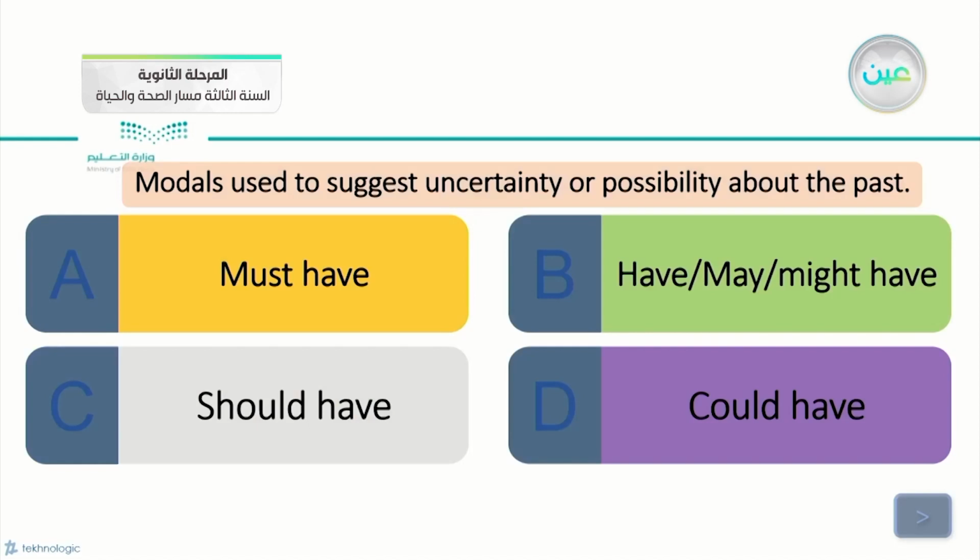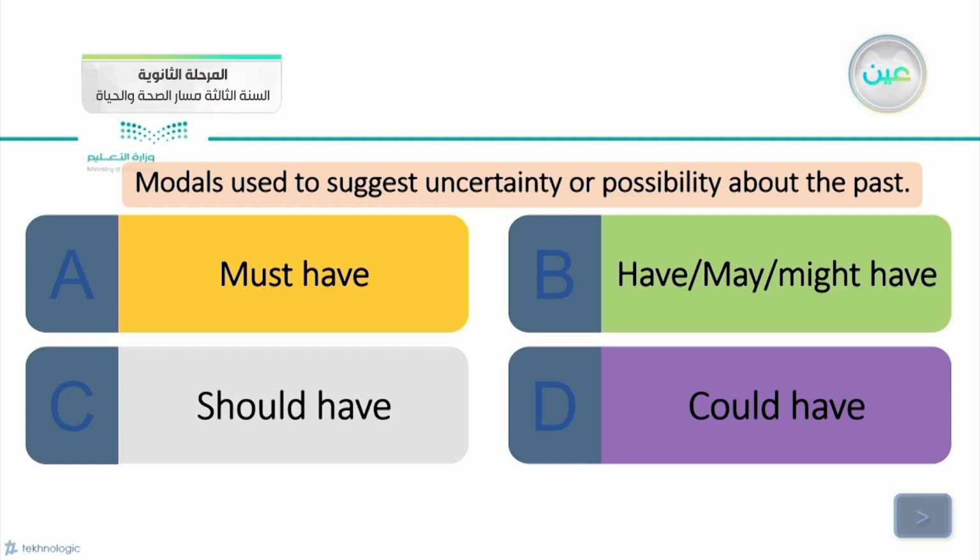Okay, question 2. Modals used to suggest uncertainty or possibility about the past. Which one of them can I use to suggest uncertainty or possibility about the past? Do you think it is must have, or should have, or may or might have, or could have?